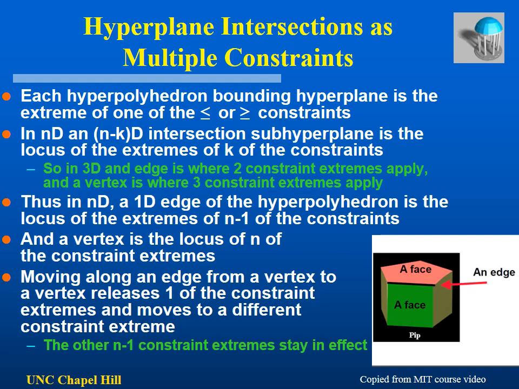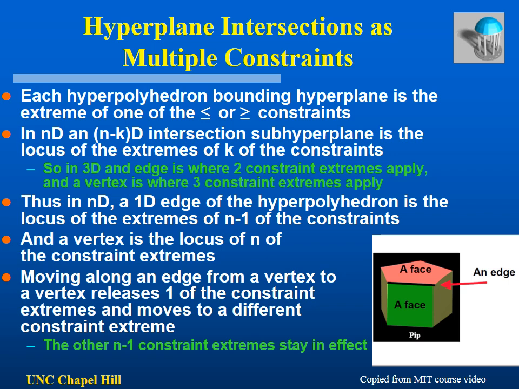We have said that, assuming each one of the constraints is of a less than or equal or greater than or equal form, the planes, the hyperplanes, corresponding to the equal states are the extremes of the constraints.